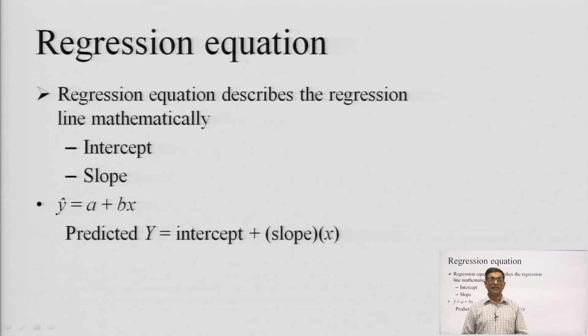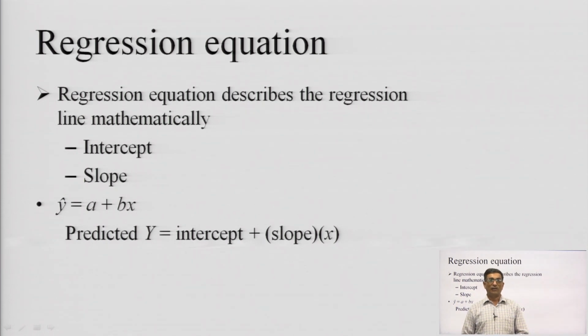Similarly, here the regression equation is y hat equals a plus b x. Y hat is the predicted value of regression, that is y, and a is the intercept, b is the slope, and x is the independent variable.